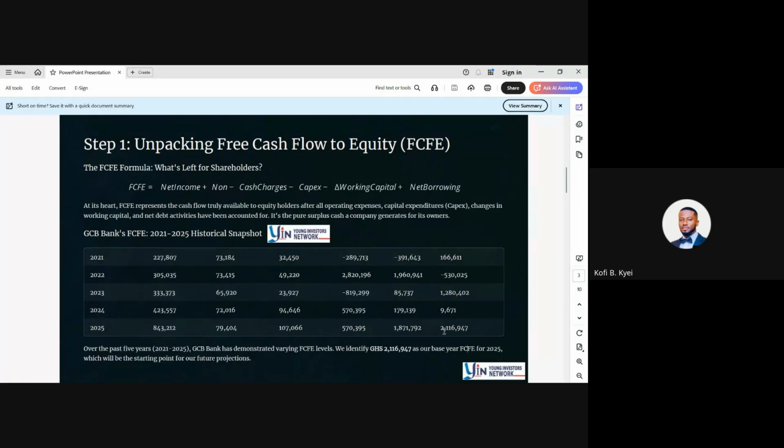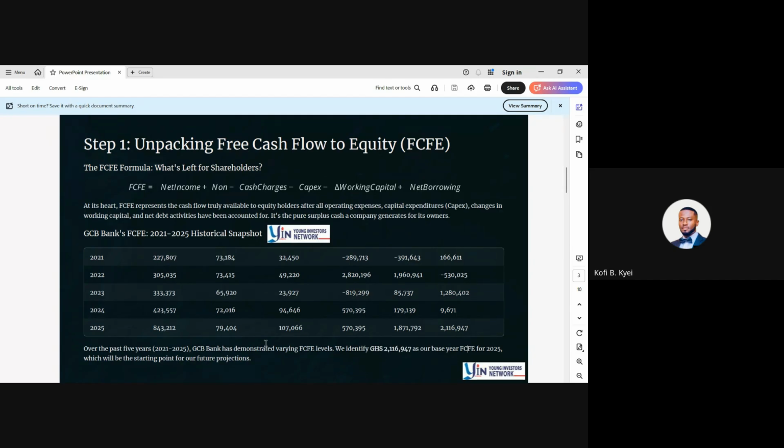The last figure at the bottom right, we identify as our base year FCFE for 2025. So based on this, we're going to start making our projections, our forecasting, which will be the starting point for our future projections.